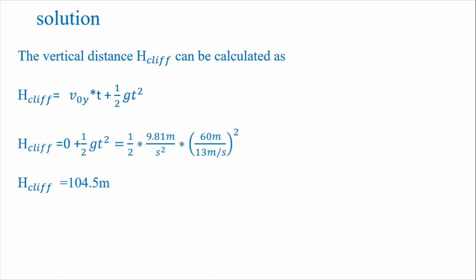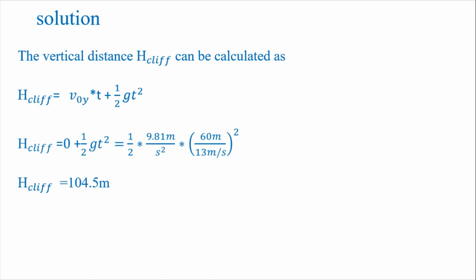Substituting all the values, we have 1 over 2 times 9.81 meters per second squared times (60 meters divided by 30 meters per second) the whole squared. This is because the time of flight of the car is determined from the horizontal component of the motion.